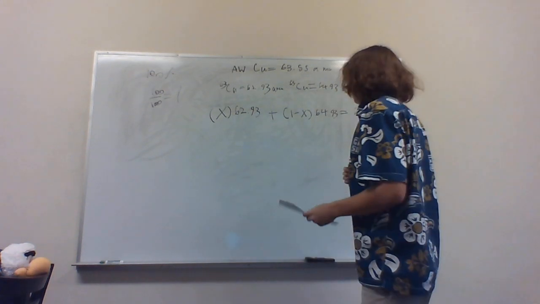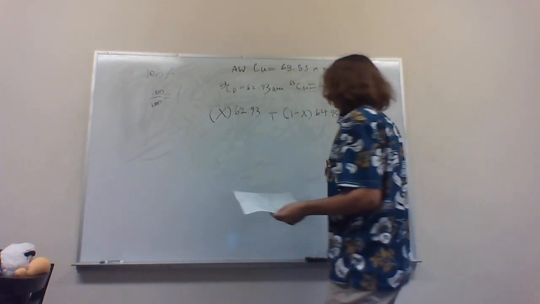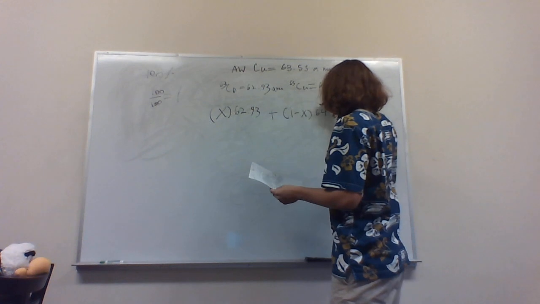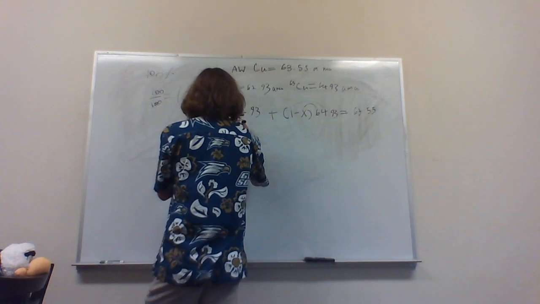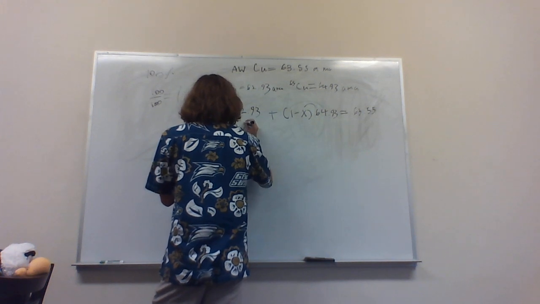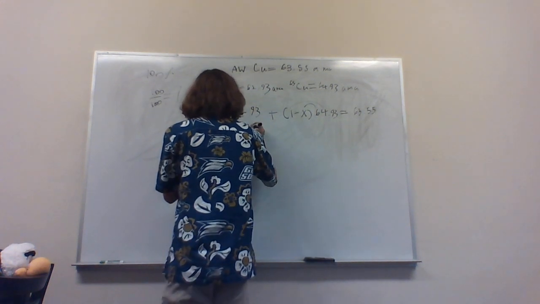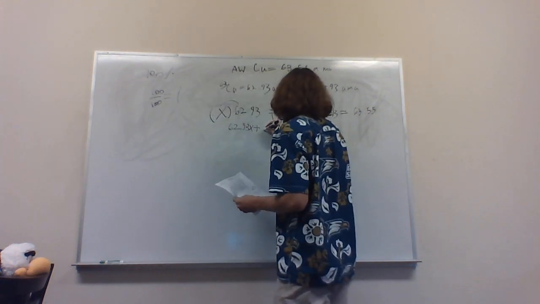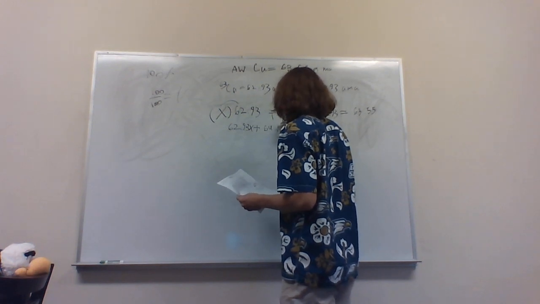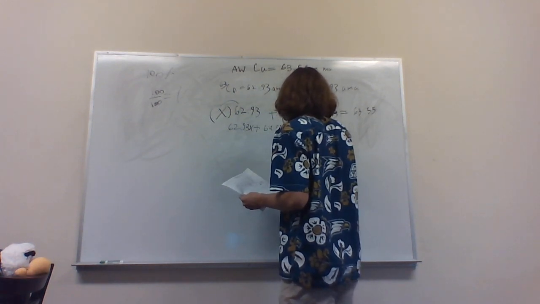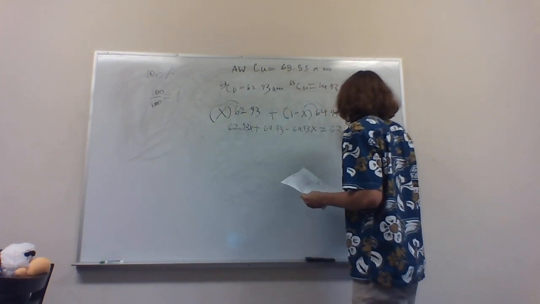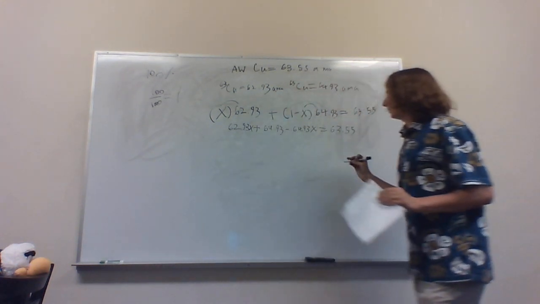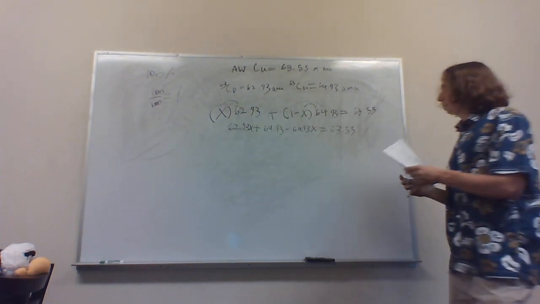Now, the first step is to multiply this out: 62.93x plus 64.93 minus 64.93x equals 63.55.